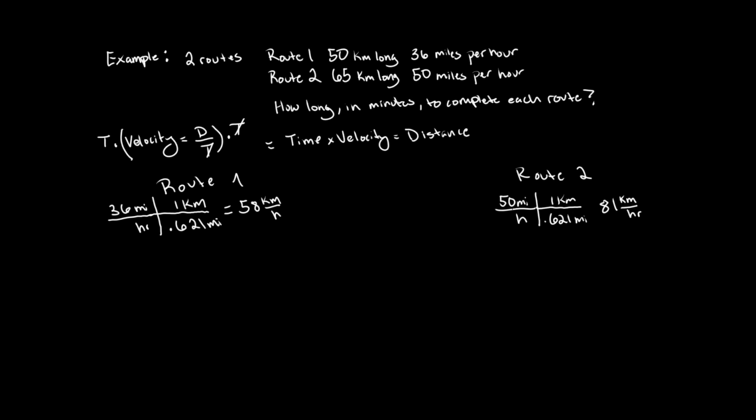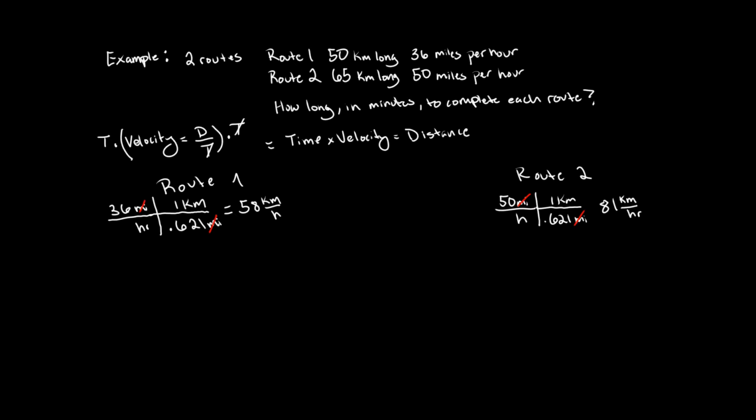Again, all we did was take the 50 and divide it by the 0.621, and we came to this conclusion. These miles here and here cancel. These miles here and here cancel. And when we multiply across, we're left with kilometers and hours.